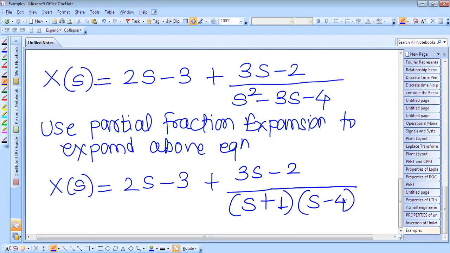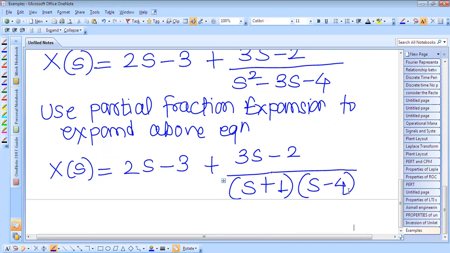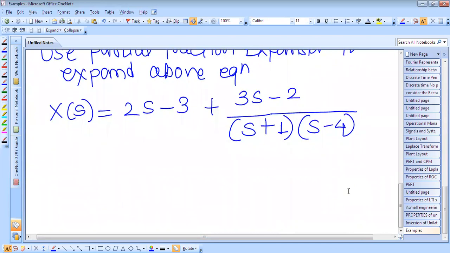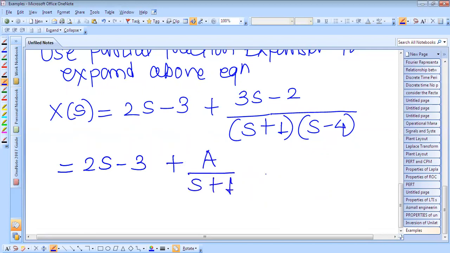In factor form, this is 2s minus 3 plus A over s plus 1 plus B over s minus 4. So we have to find these coefficients A and B.